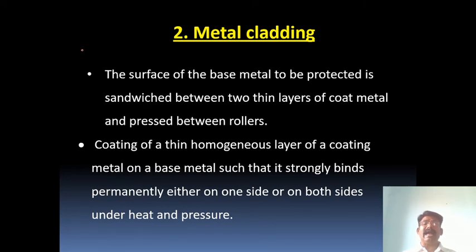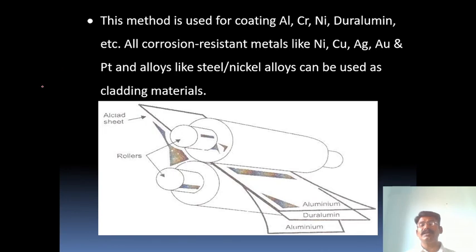And metal cladding. Metal cladding means the surface of the base metal to be protected is sandwiched between two thin layers of coat metal and pressed between the rollers like this one. Here, this is the aluminum sheet. It is a cladded metal.